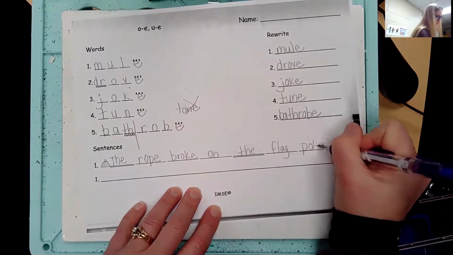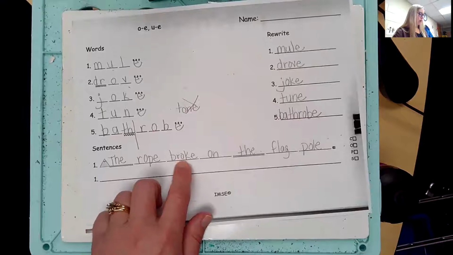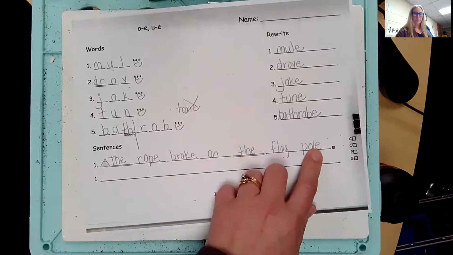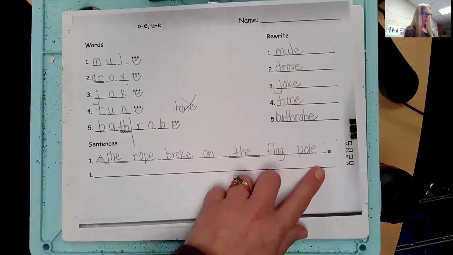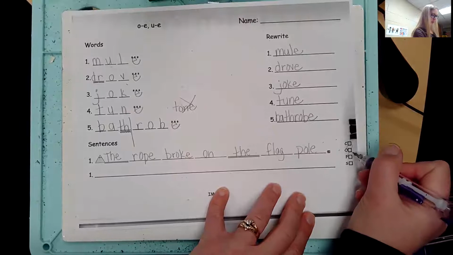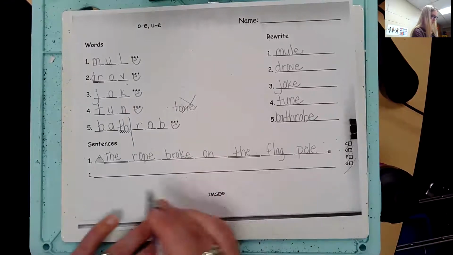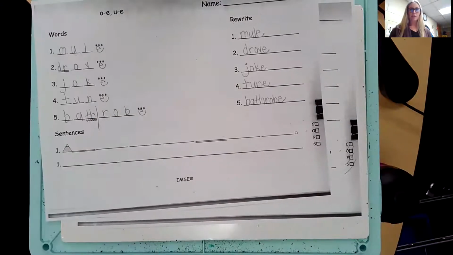All right, the rope broke on the flagpole. You can pause the video, go ahead and write the sentence. Check for your COPS: capital letter, organization, punctuation, spelling. Go ahead and rewrite that. All right, that was our word dictation for today.